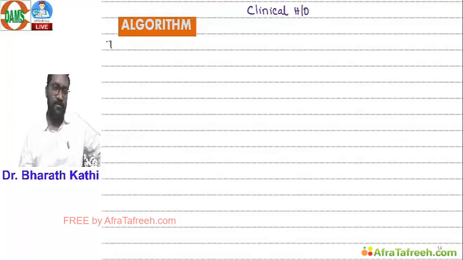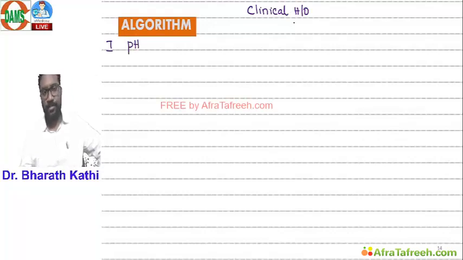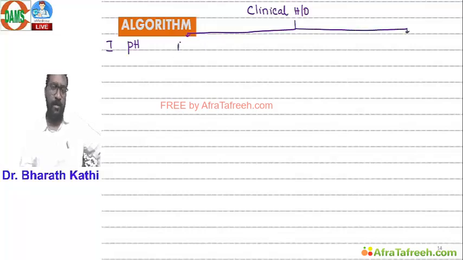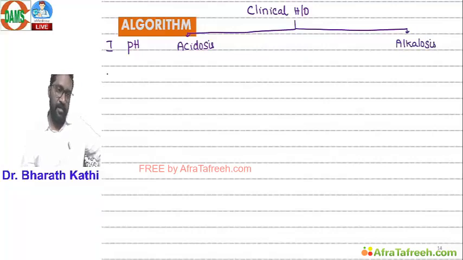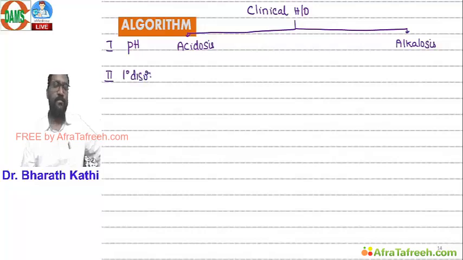Then, first step, by seeing the pH, you should be able to tell, are you dealing with acidosis or alkalosis? Acidosis or alkalosis. Then, second step, what is the primary disorder?